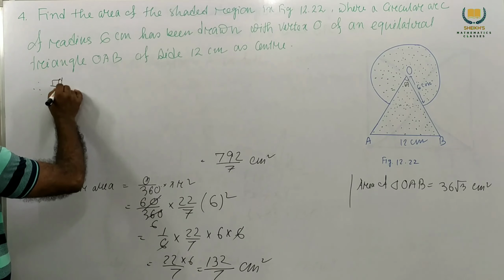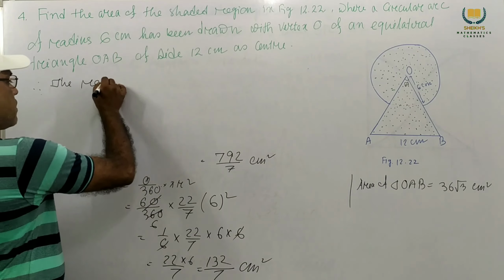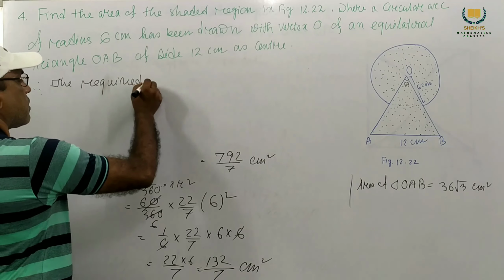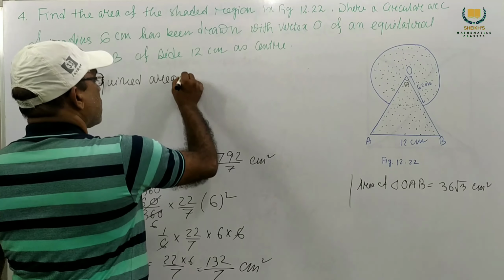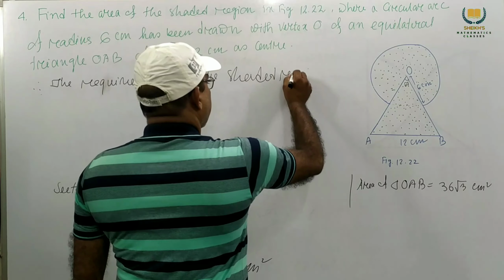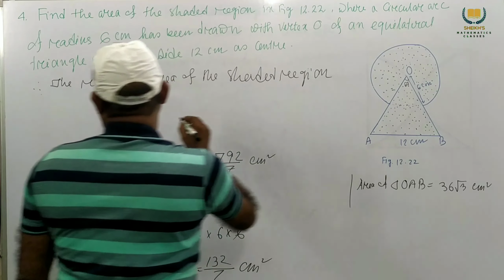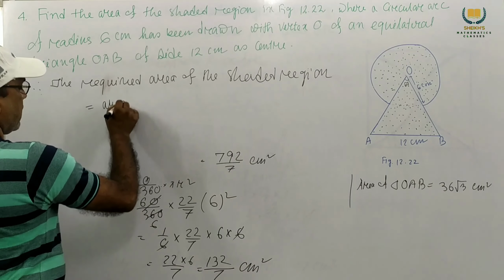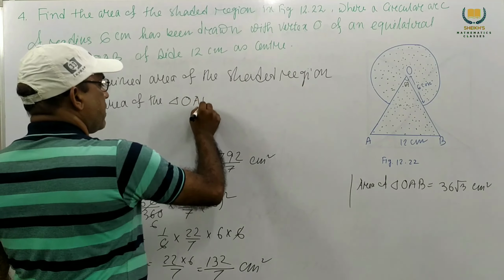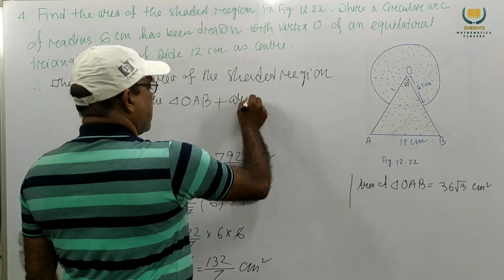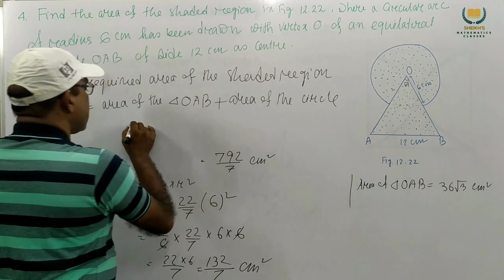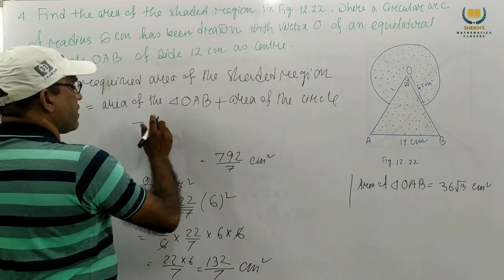Therefore the required area of the shaded region equals the area of triangle OAB plus the area of the circle minus the sector area.